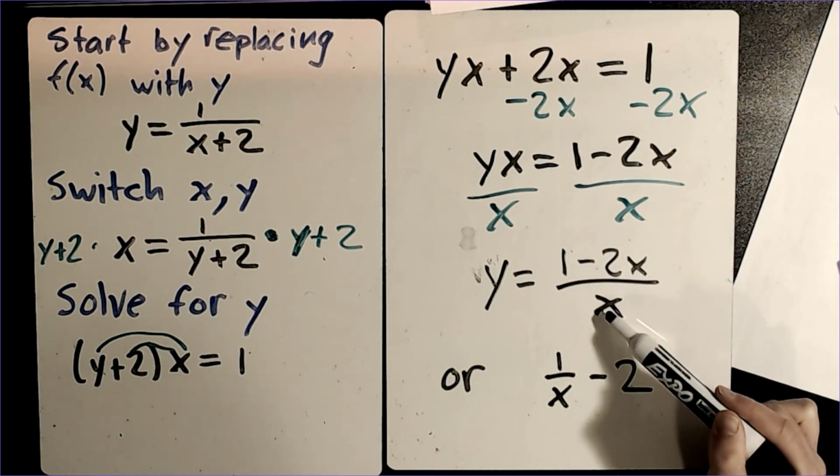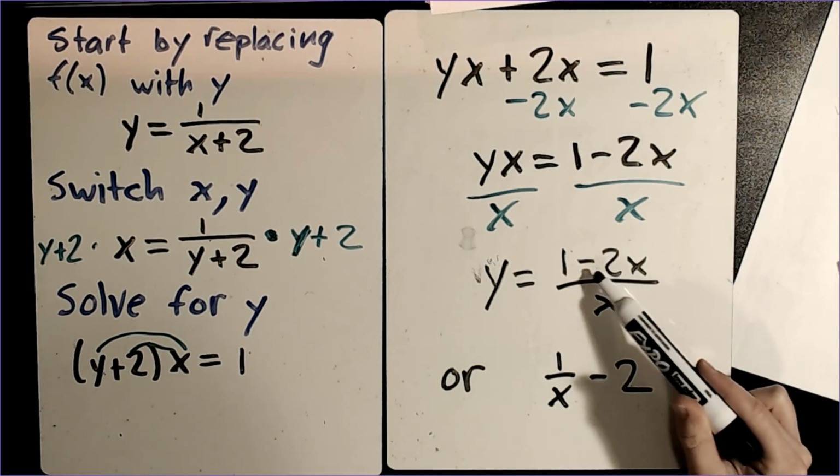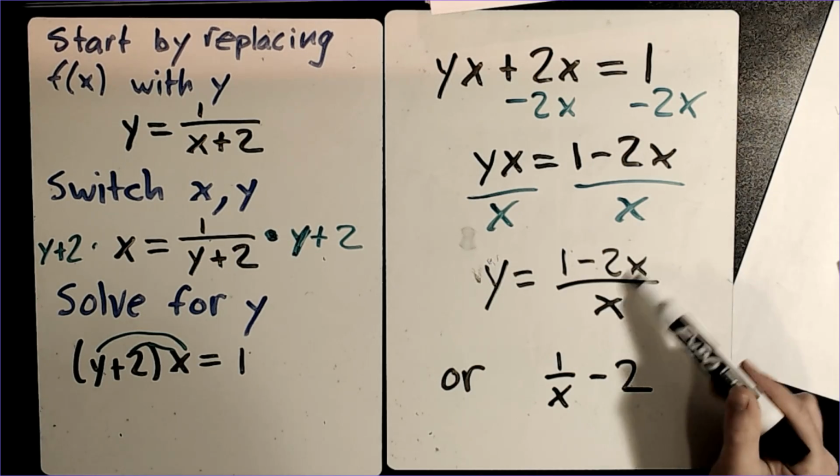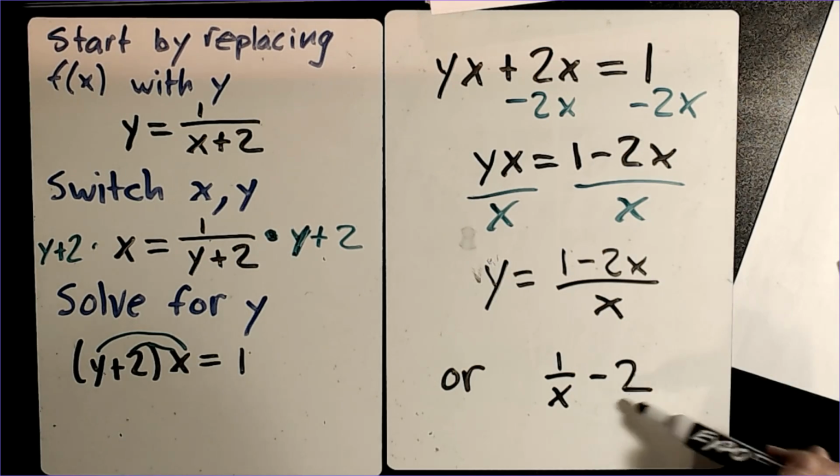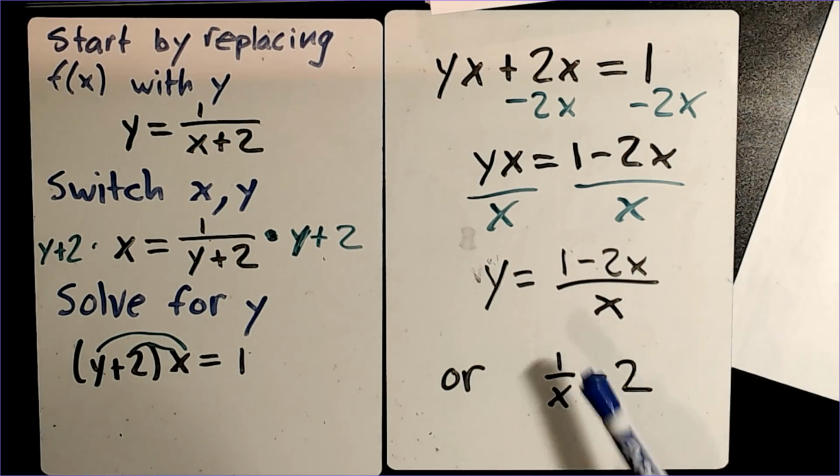You'd get 1 over x, and then the x's would cancel on the other term to give you 2. So those are actually the same thing, just different ways of writing it. Either one is fine, as long as you get a correct answer here.